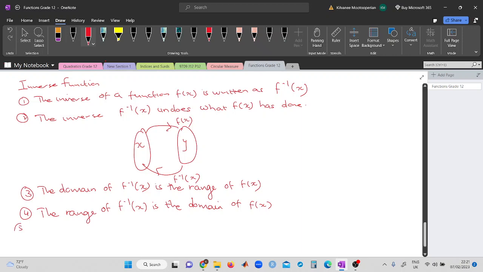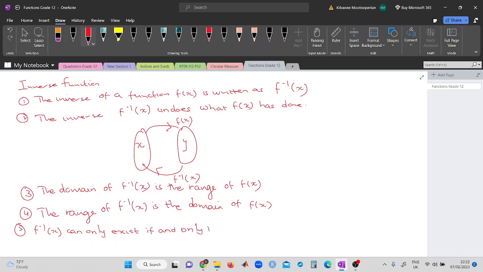Après, the inverse of a function can only exist if and only if the function is a one-to-one function.